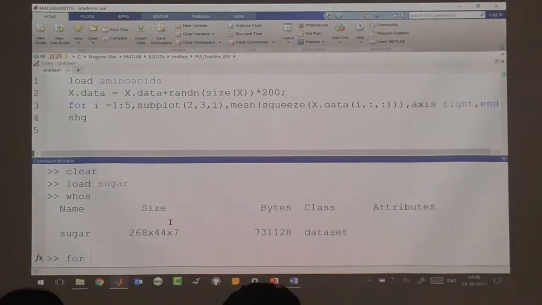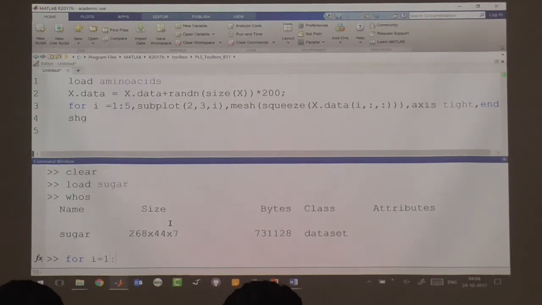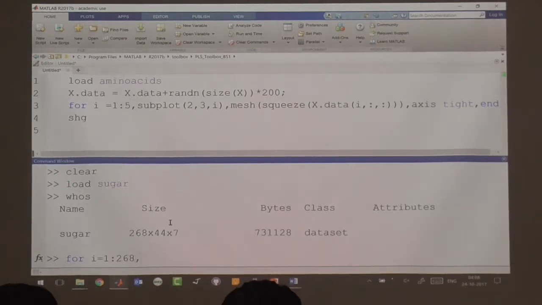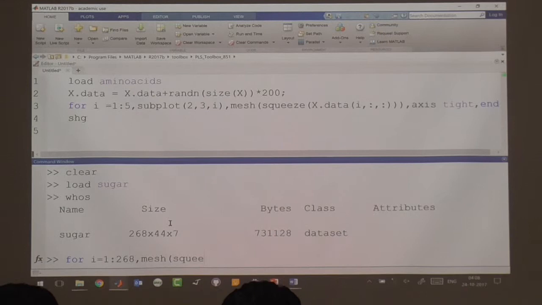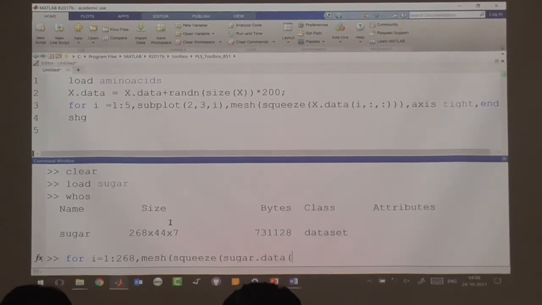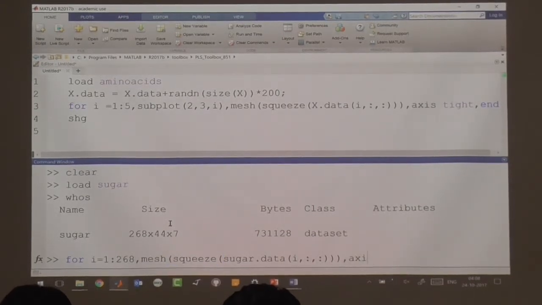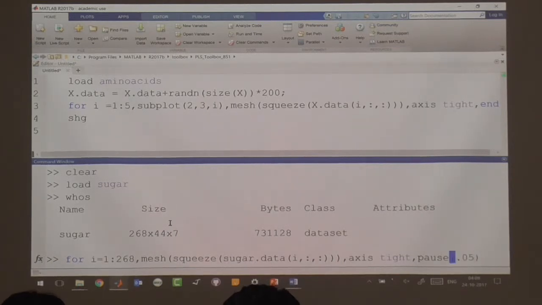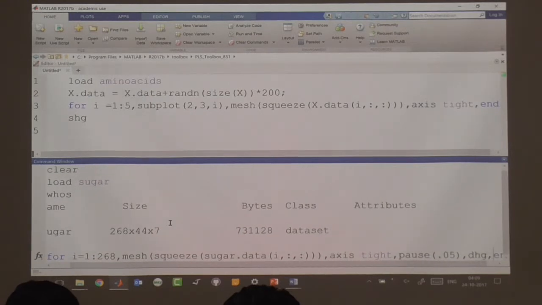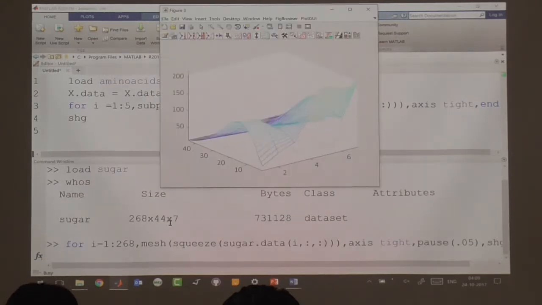Let me make a little movie of sugar production from a fluorescence perspective. We do this. I'm just going to plot all the data. Okay. So these are the 270 samples.